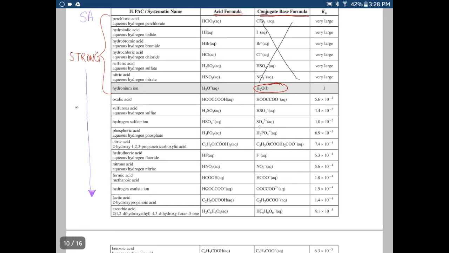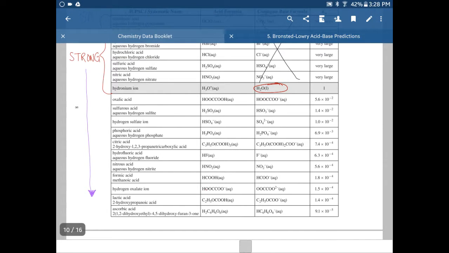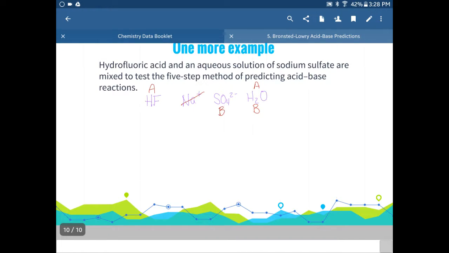So here's my sulfate ion, which means it's acting as a stronger base than this water molecule here. So my sulfate is acting stronger than this water, and also this hydrofluoric acid is acting stronger than the water in my other example, or as an acid. So when I take a look, this guy is my strong acid, and this guy is my strong base.